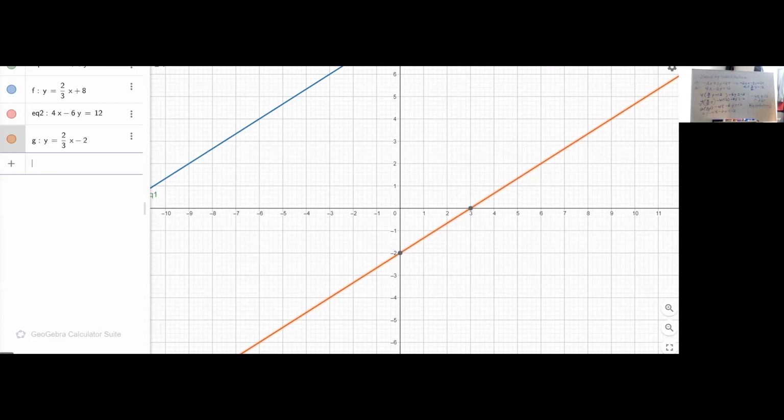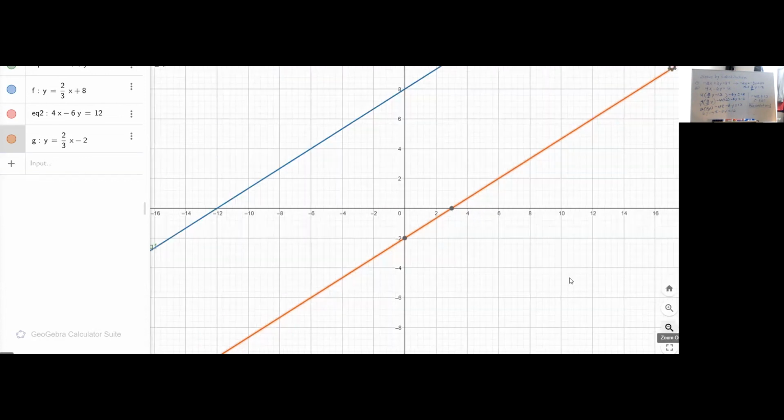That gives us a y-intercept for that first line at (0, 8) and a slope of 2/3. With the second one, subtract 4x from both sides, and then divide everything on both sides by -6, and that gives me that y equals 2/3 x minus 2.